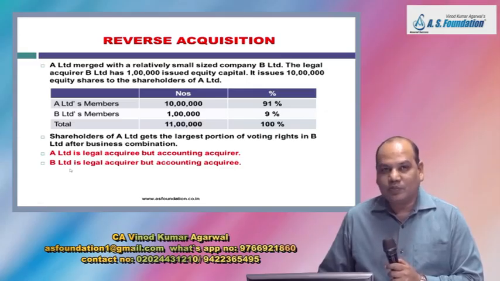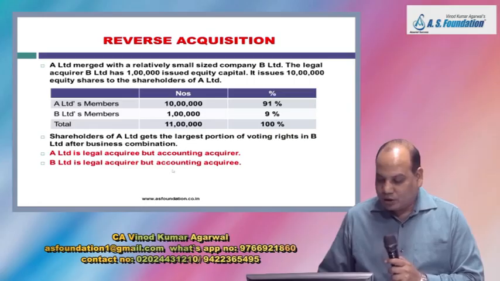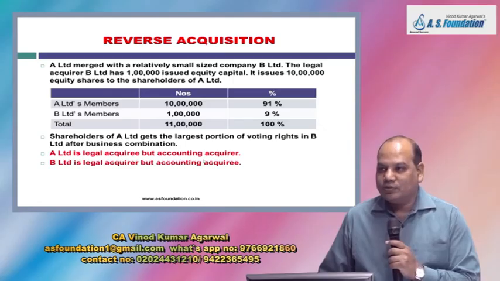We are in the books of B. But for accounting purpose, you have to visualize as if we are in the books of A. Only visualize. Okay? And then you will take over the assets and liabilities of B at fair value and take over the assets and liabilities of A at book value.